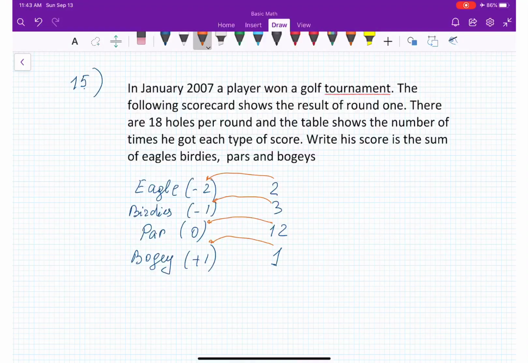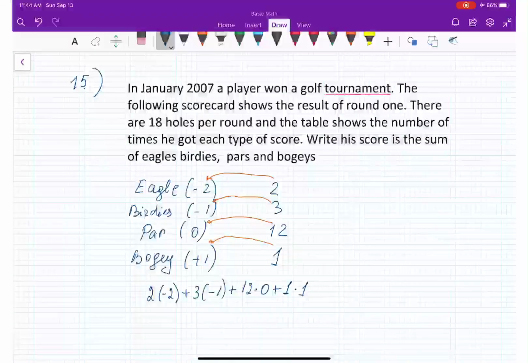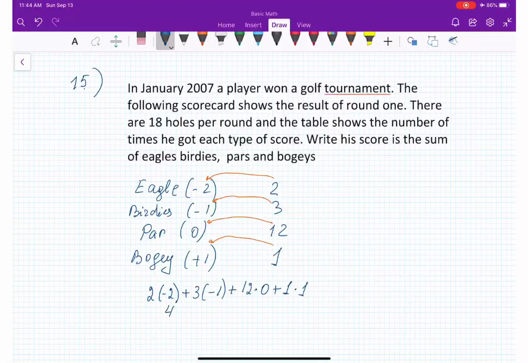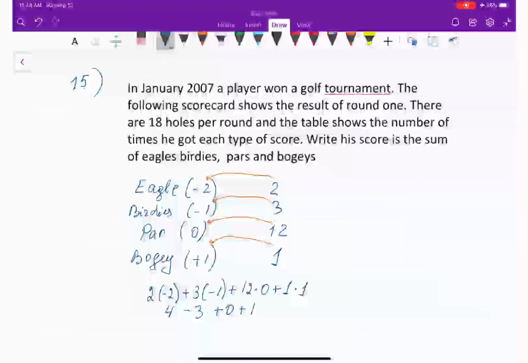So twice -2 plus 3 times -1 plus 12 times 0, and then plus 1 times 1. Okay, so let's see. 2 times -2 is -4. 3 times -1 is -3. 12 times 0 is 0, and here is +1. So -4 minus 3 is -7, plus 1 is -6.